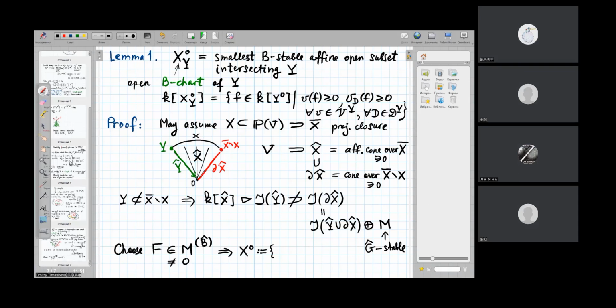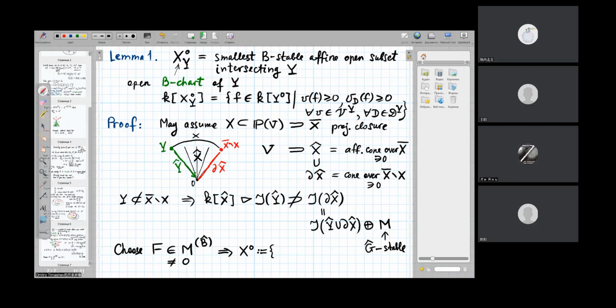And this means that any homogeneous element of the coordinate algebra of X hat comes from a homogeneous polynomial on the whole V. So you may consider homogeneity in any sense.